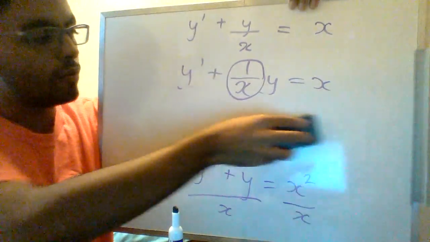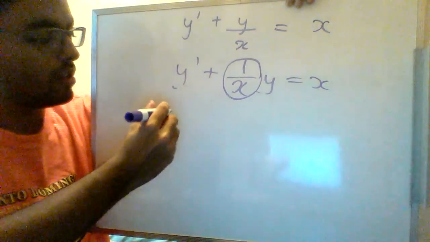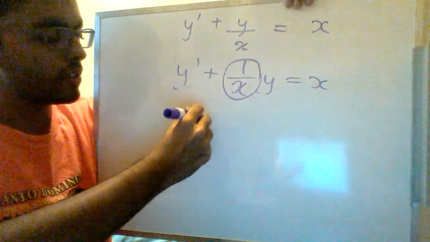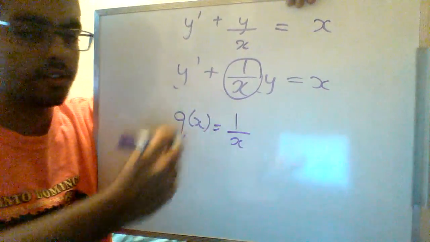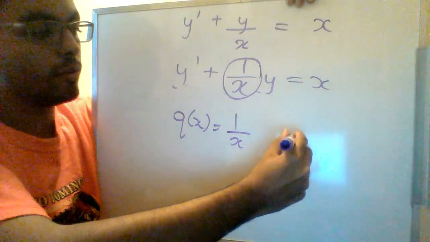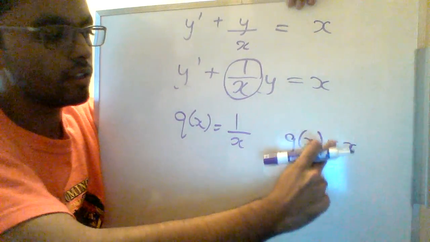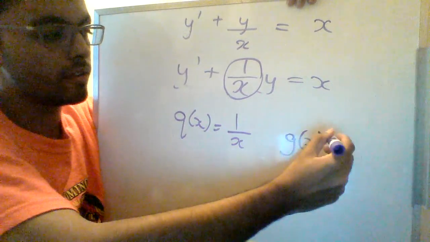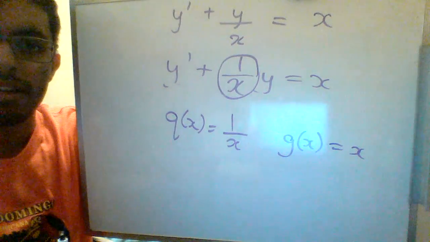So now we can say that little q of x is this thing in the circle. So little q of x is 1 over x, a little bit weird, and little g of x is just x. It's just x, right? So that's what we got there.